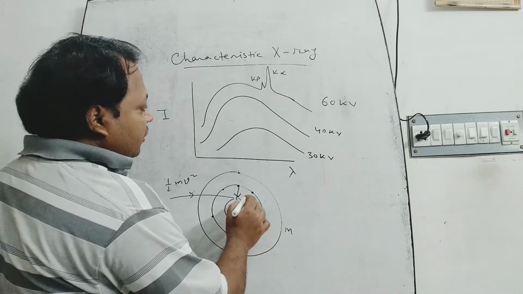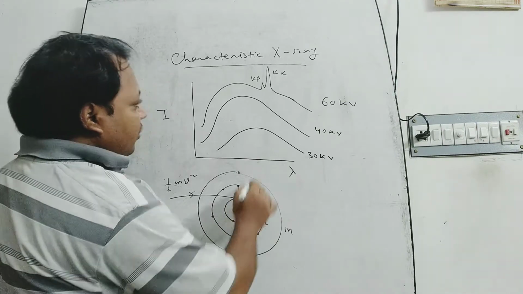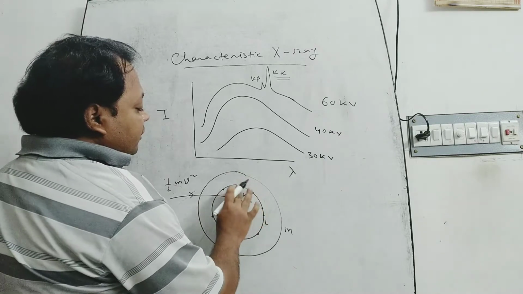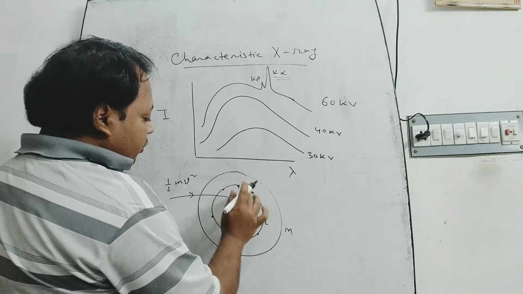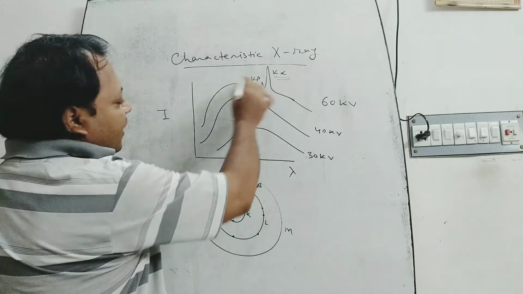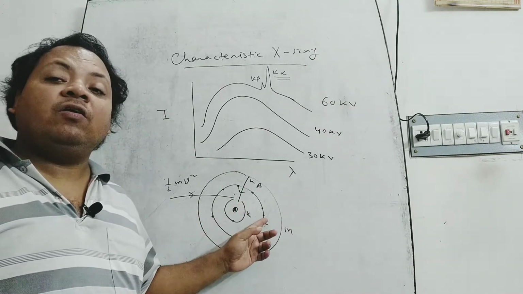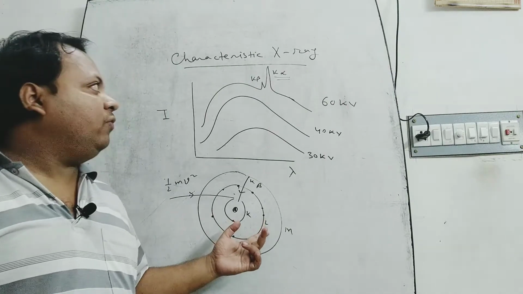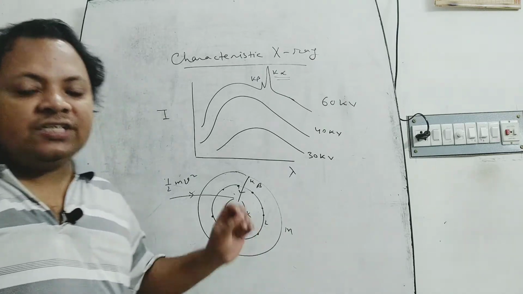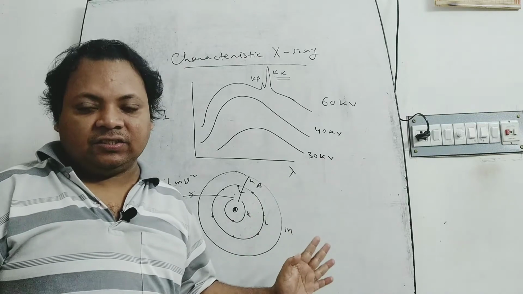When an electron jumps from the L shell to the K shell, the characteristic X-ray is known as K alpha. And when an electron jumps from the M shell to the K shell, it is known as K beta. In this way we get L alpha, L beta, M alpha, M beta, etc. These peaks or rays are known as characteristic X-rays.